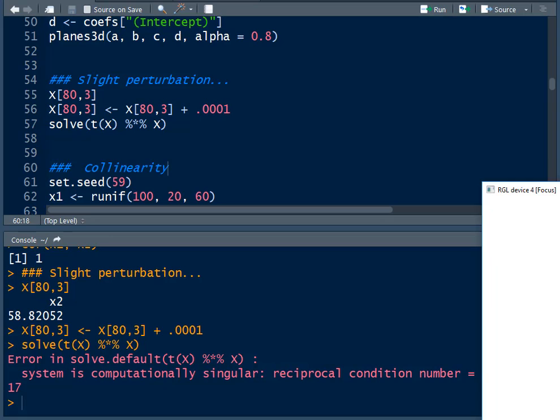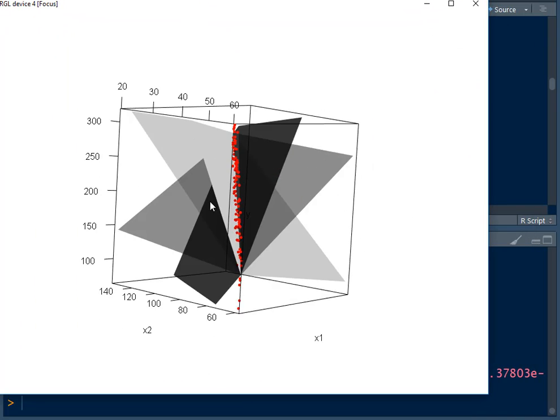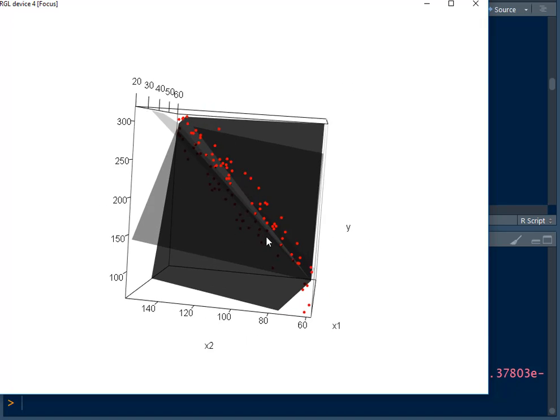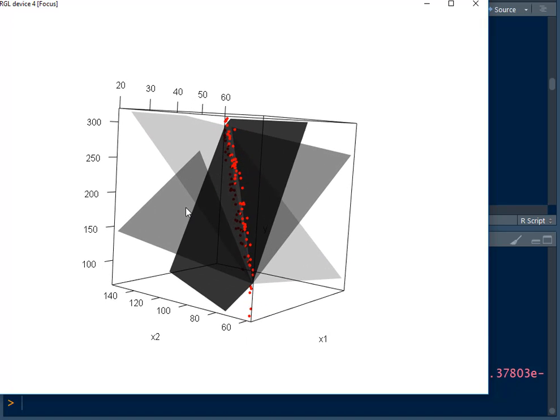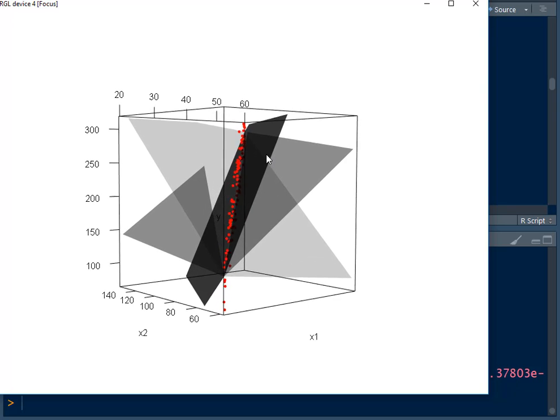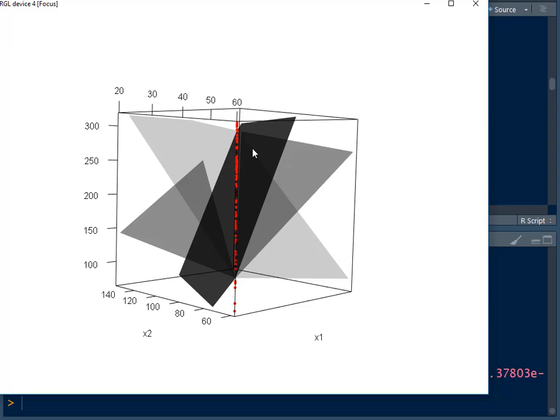And you can see why that is if you look back at this picture. You might imagine, even if our data points didn't lie in this perfect up-down vertical plane, that if there was some slight spread to the left or right, they would constitute a random sample from a larger group. And when you actually go and get a regression plane, that regression plane may be very, very steep and pitched this way, okay?